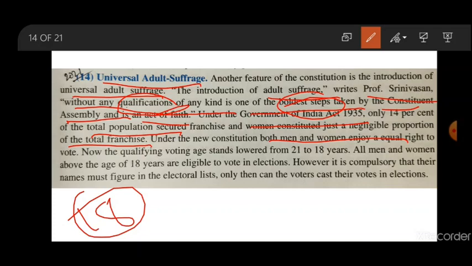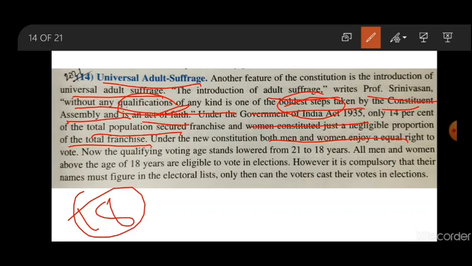As compared to men, women were in very small numbers among those eligible to cast a vote in an election. During those days, there were other qualifications one had to have in order to vote. One had to hold a large amount of land, or have minimum qualifications, etcetera.